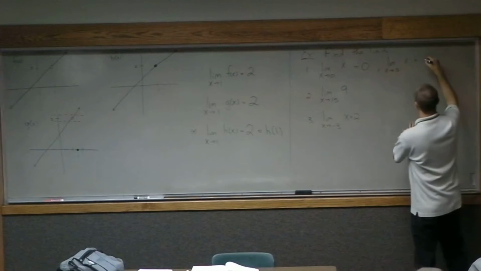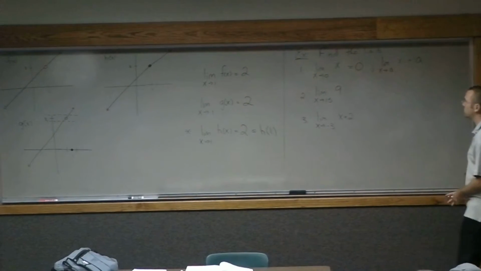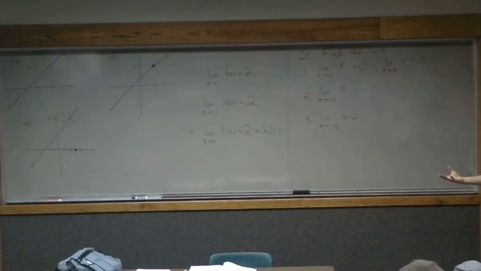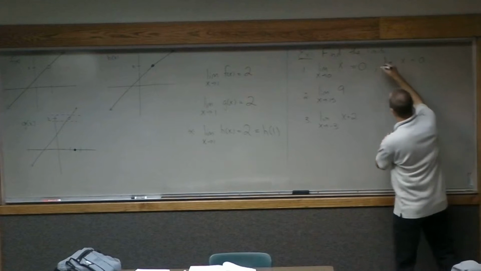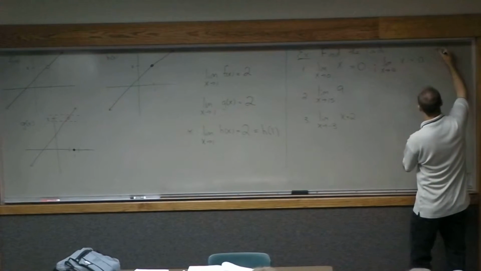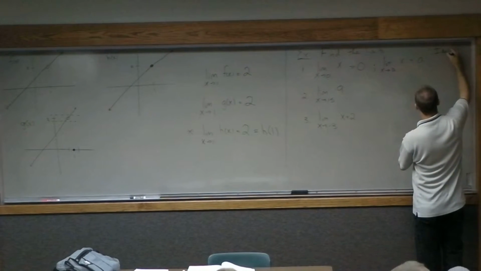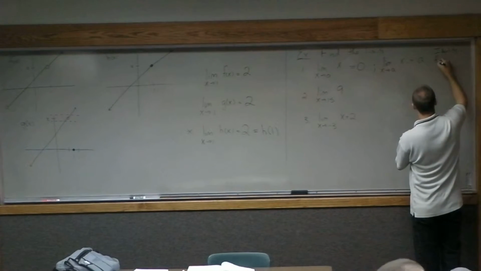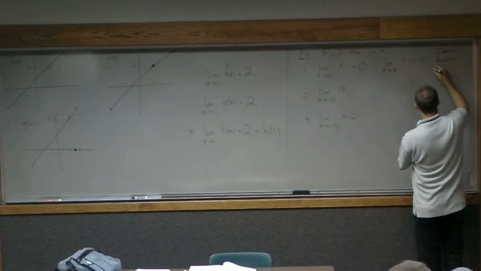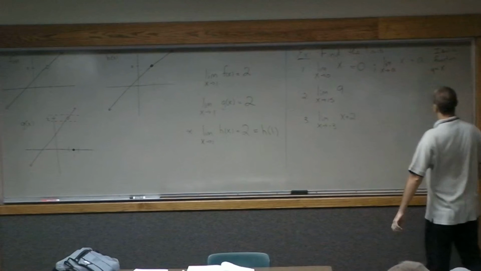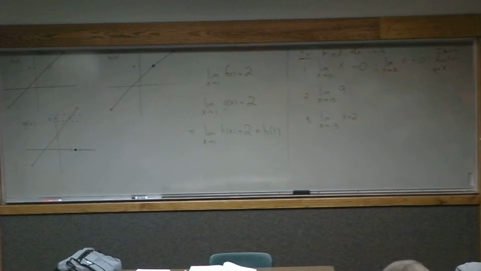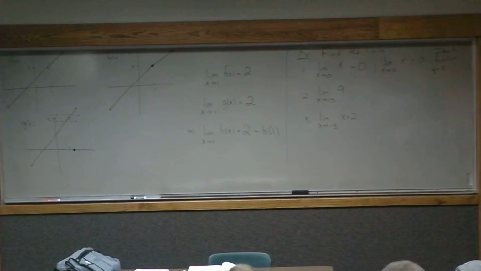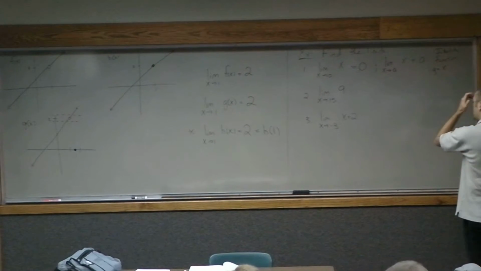This function, the function y equals x, has a limit value of whatever the x goes to. This is oftentimes called the identity function. It's nice in the fact that its limit is always equal to the limit of whatever you're going to. Okay?